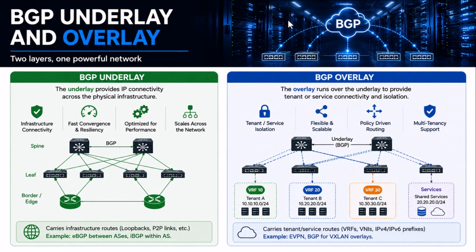In many modern designs, BGP can participate in both. For example, eBGP may be used in the underlay between leaf and spine switches, and MP-BGP EVPN may be used in the overlay to exchange VXLAN and tenant information. This separation makes the network easier to scale and more flexible.